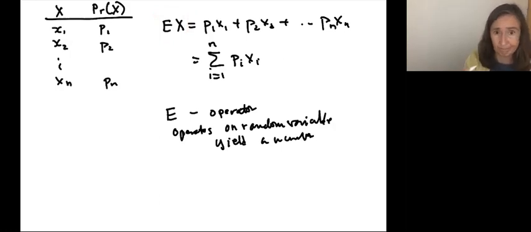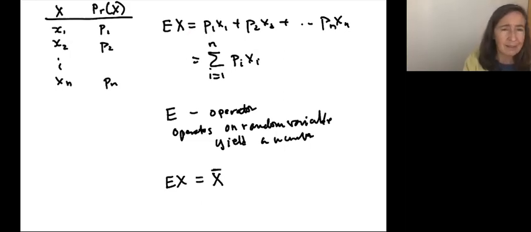Final observation on random variables, just some notation that you'll see. One way to write the expectation of X is what I've been doing, this expectation operator with a random variable after it. Other notation that you might see is X bar.